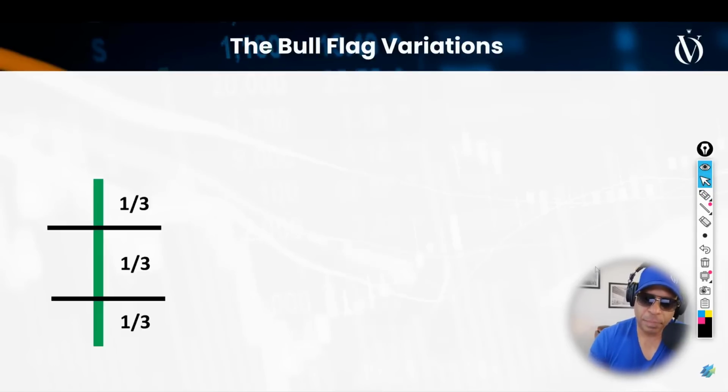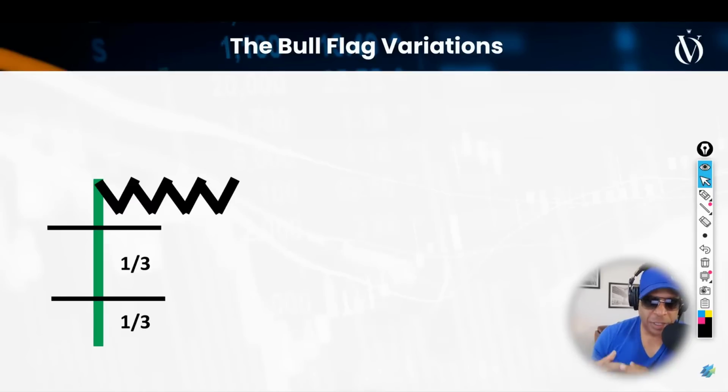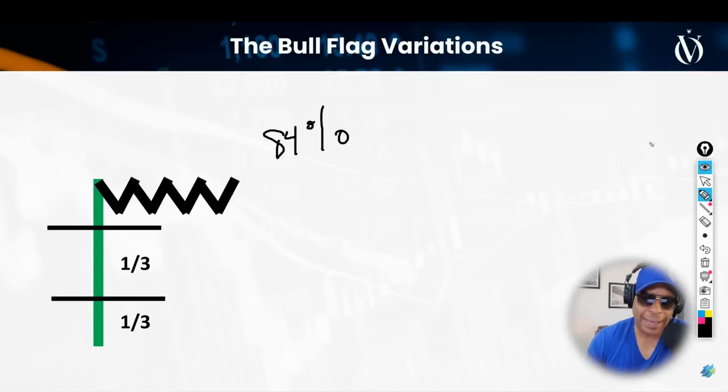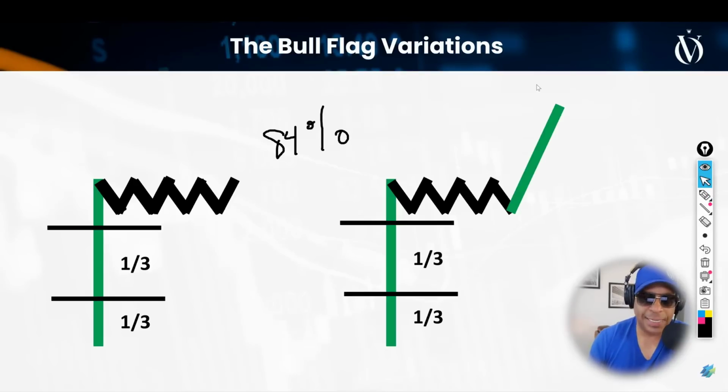Because in order to have a flag, when the stock is ready to rest, ready to pause, if that pause happens to occur in the top third of the power move's range, you've got something like an 84% chance, boom, this happens.